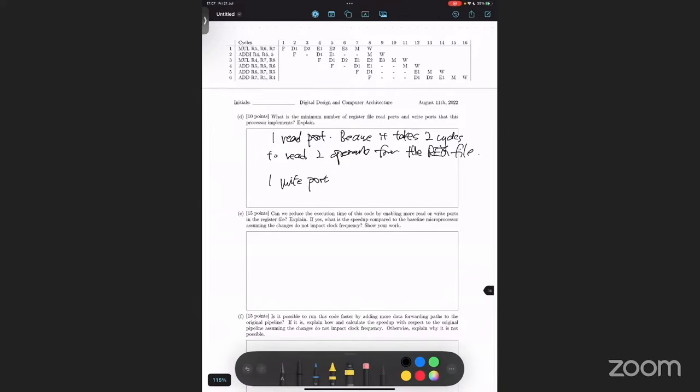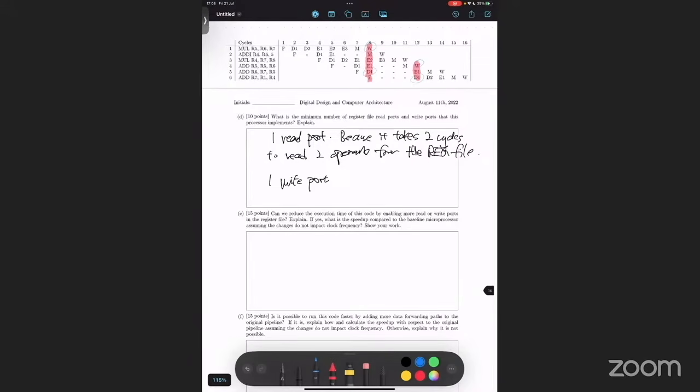This is because, if we take a look at the write back stages, we can see that, let's say here in cycle 12 and also cycle 8, these 2 cycles, we see both the write back stage and the decode stage.